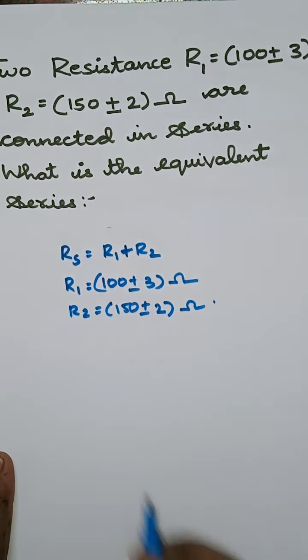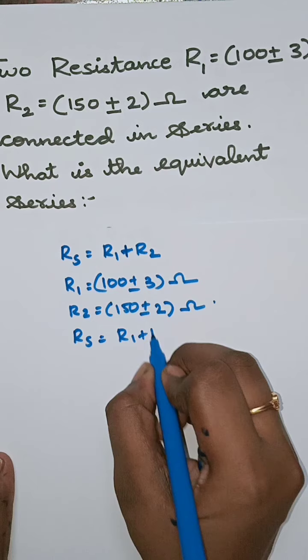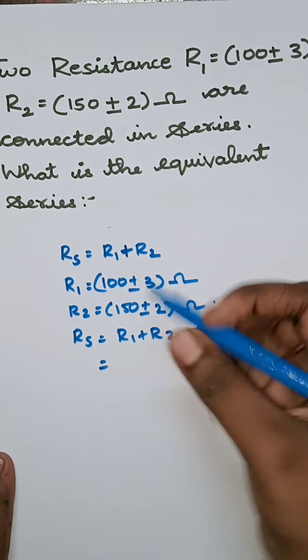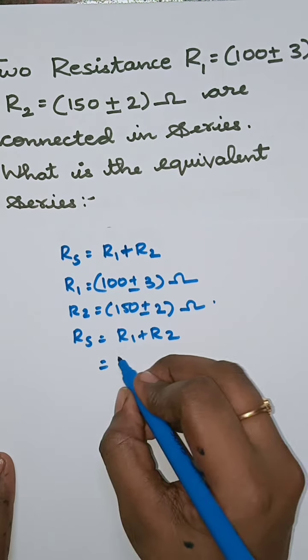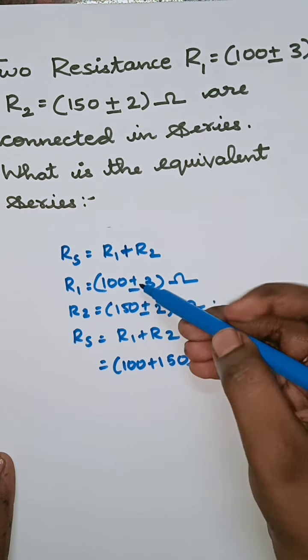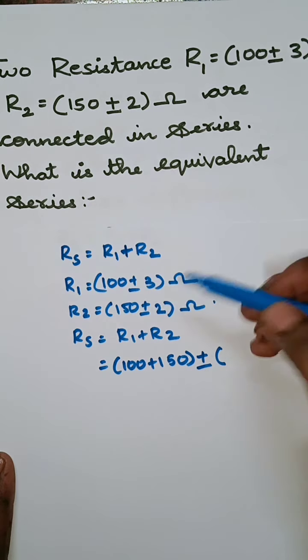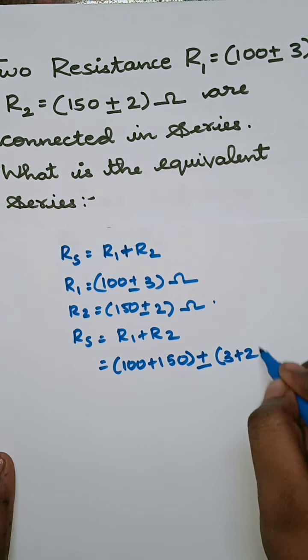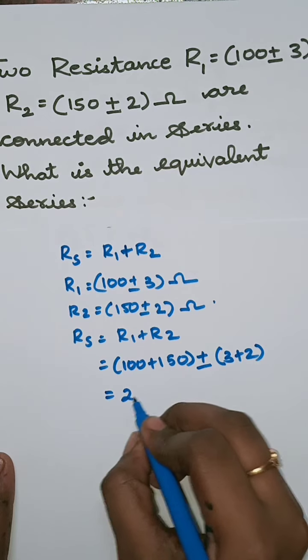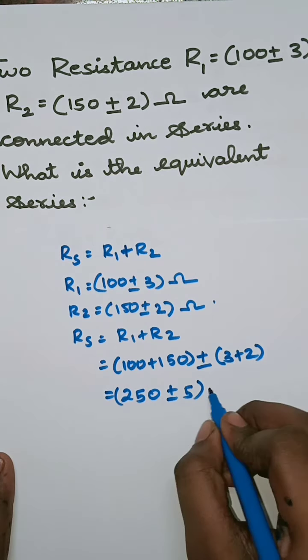Now how to solve the problem? Very simple, students. Simply write the formula. First, add these two values, 100 plus 150. Next, what is present? Plus or minus. And then add the next two values, 3 plus 2. Which is equal to 250 plus or minus 5 ohms.